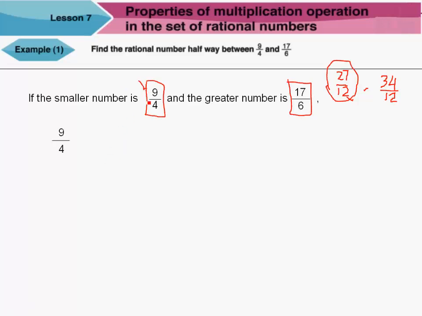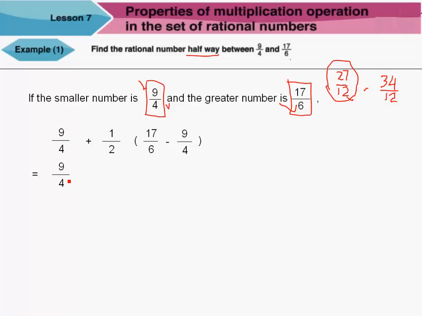So, we'll take the small number plus halfway. So, we must multiply half times the difference between the biggest number minus the smallest number, which are 17/6 minus 9/4. It became very easy.